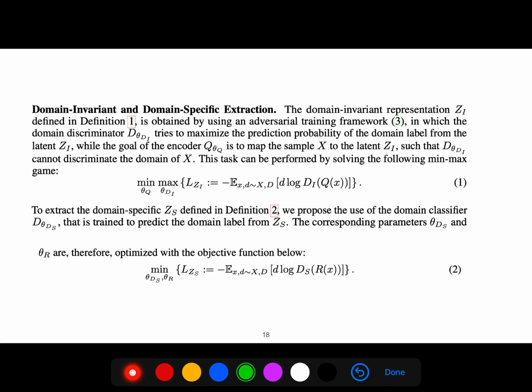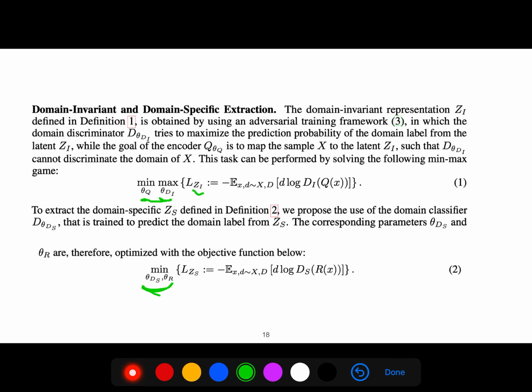The domain-invariant representation is obtained using adversarial training, in which the domain discriminator tries to maximize the prediction probability of the domain label from latent Z sub I, while the goal of the encoder is to map the sample to the latent Z sub I such that D cannot discriminate the domain of X. This was for domain invariant, because these are the parameters that you need.